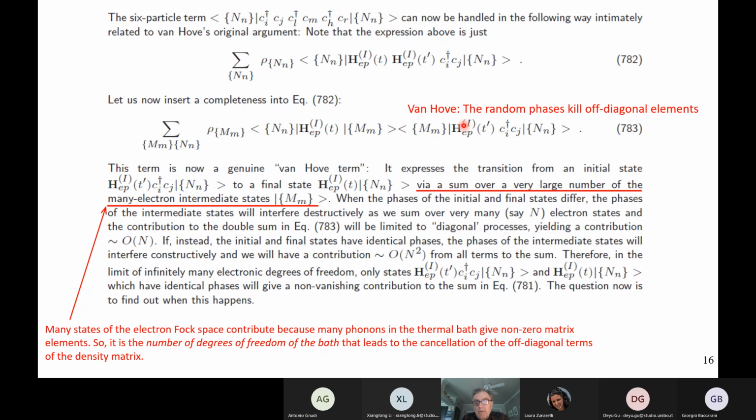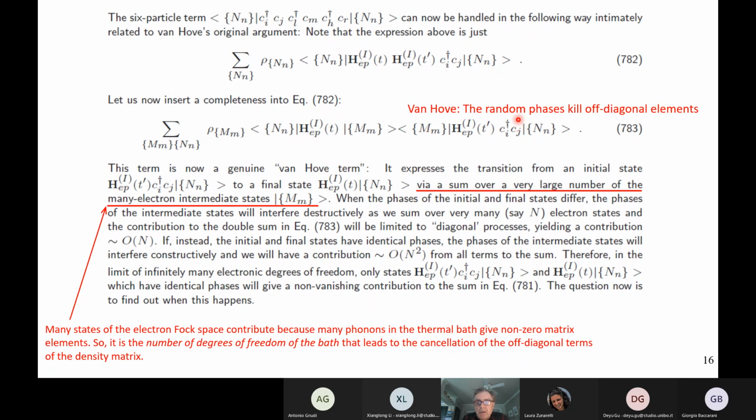Now, we have a sum over these states. The first term here will have different phases. So we have essentially the matrix element between c dagger i, c j times this object and this object as a final state. And we have taken the sum over these.